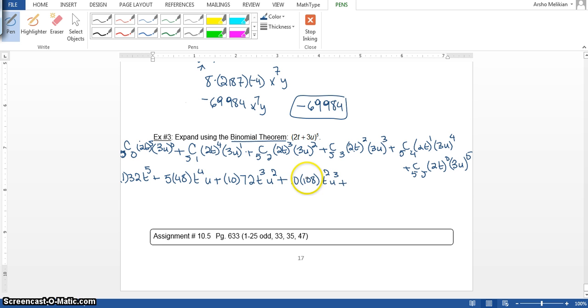Plus, this is going to give you a 5. 2 times 3 to the 4 is 162. T times u to the 4. And finally, the last term, this is going to be a 1. 2t to the 0 is another 1. So it's just 3 to the power of 5, 243, u to the 5.